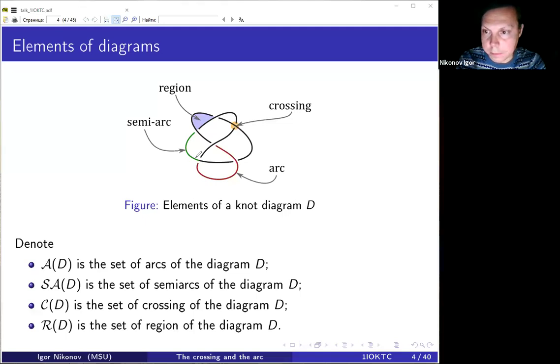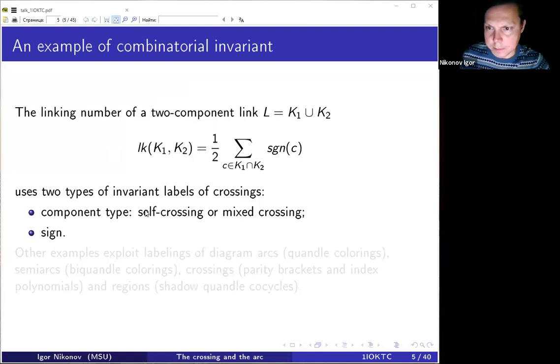Consider it as the following graph. The vertices of the graph are crossings, and there are regions, which are connected components of the complement of the diagram. So we can assign to each diagram the set of its arcs, semi-arcs, crossings, and regions. And then if you consider a combinatorial invariant, you use these sets to construct some invariant value, or polynomial, and some other things.